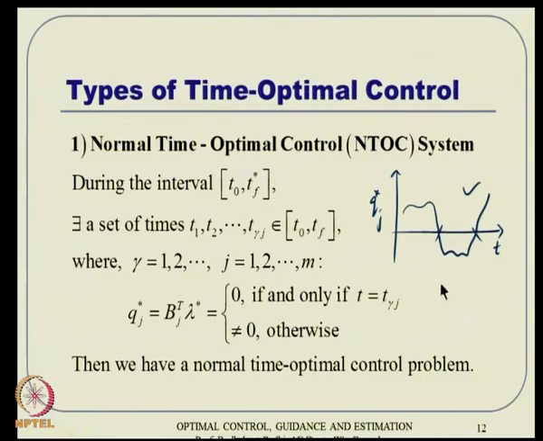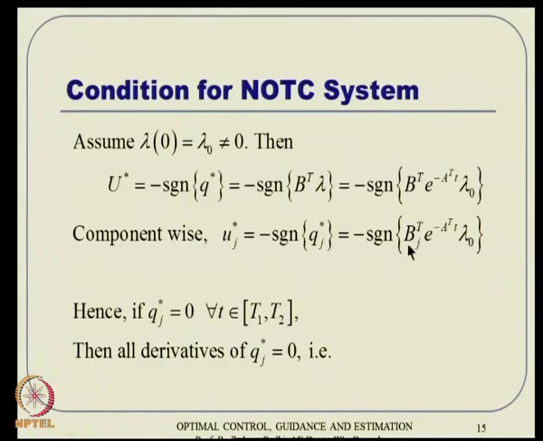So that is what is written here, minus signum B transpose, with B transpose coming from here, and lambda is nothing but e to the power minus A transpose t times lambda naught. That's because lambda dot is minus A transpose lambda. So, the solution of lambda is e to the power minus A transpose t times lambda naught, which is clear from linear system theory.